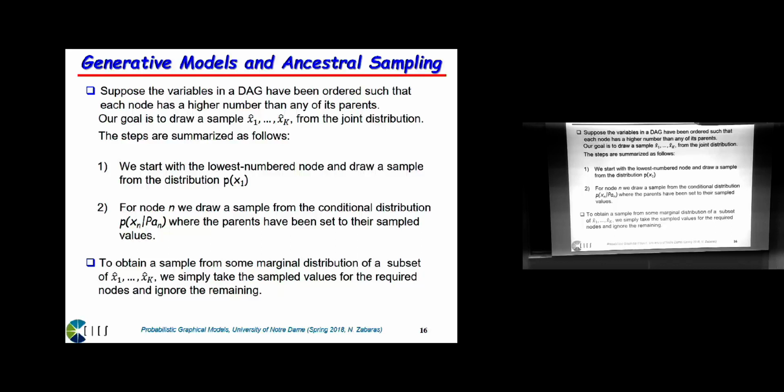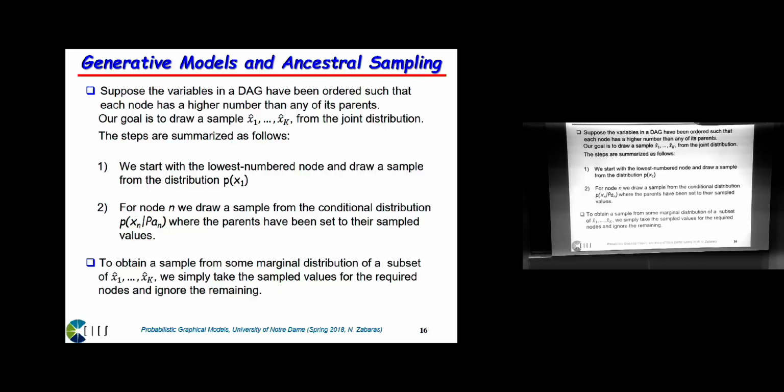All right? So ancestral sampling, to take a sample of these variables x1 to, let's say, xk or xv, whatever how many variables we have, what you do is you start sampling first from the probability p of x1, you sample the root node, then you sample from the conditional of x2 given the parents of x2, and the parent of x2 basically is x1, which you already took a sample of, right?